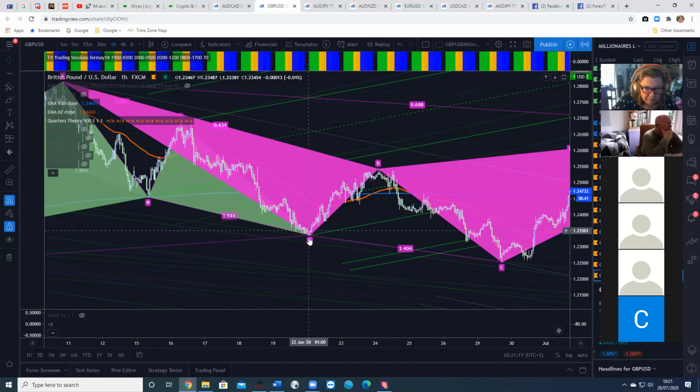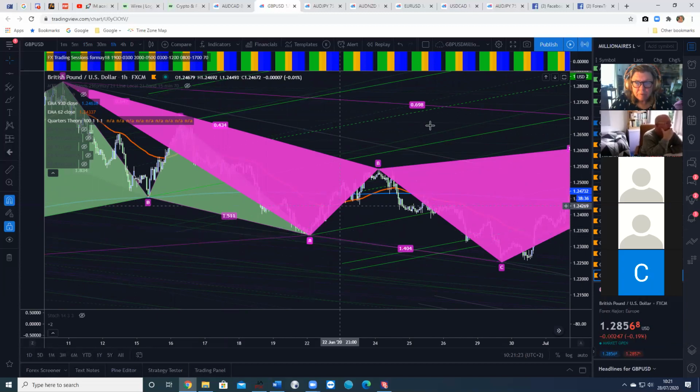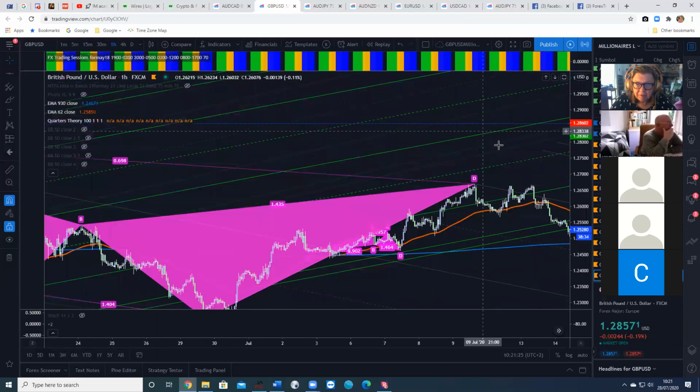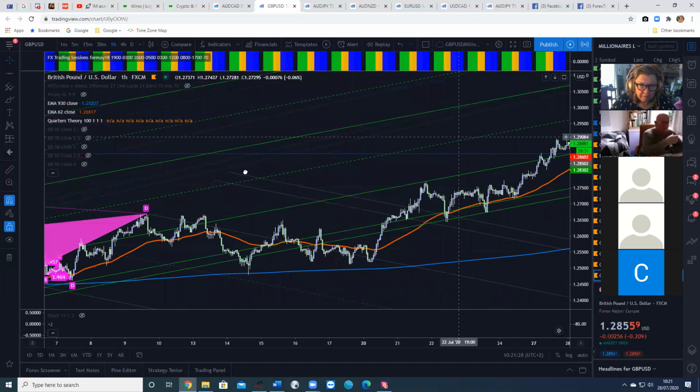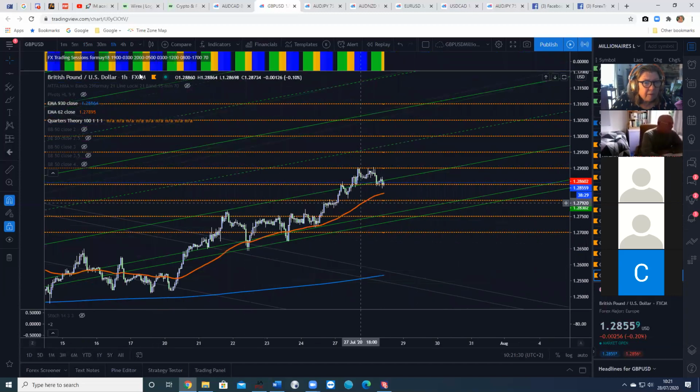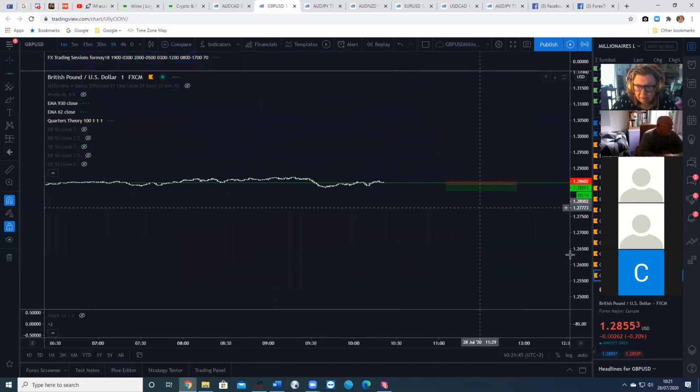I had two scans, the green one sat behind the pink, 22nd of June. So it's in that one at the moment. Right, so it is slowly still working its way up, isn't it? So technically, it should still keep coming up. So let me put an alert on that.